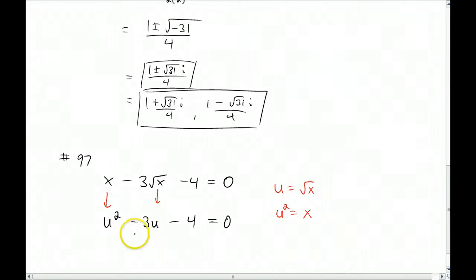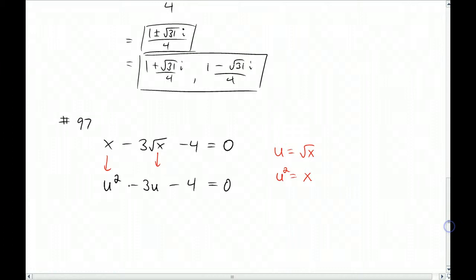We made this substitution because this now turns into a quadratic. And you know how to solve a quadratic. You can use the quadratic formula, and if possible, and in this case it is possible, you can even factor. In this case, you can factor this into u minus 4 and u plus 1 equals 0.